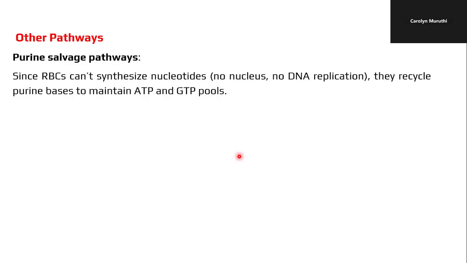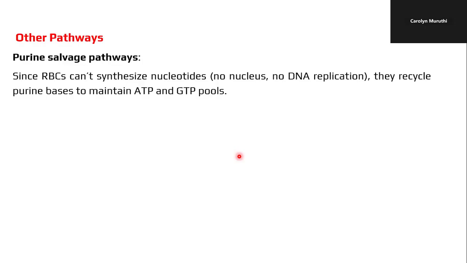And so together, these interconnected metabolic streams form a silent process that enables the RBCs to function without a nucleus and mitochondria.